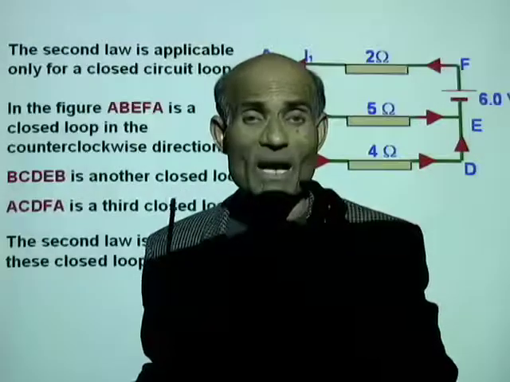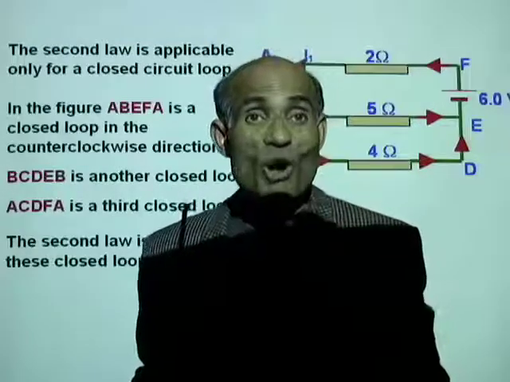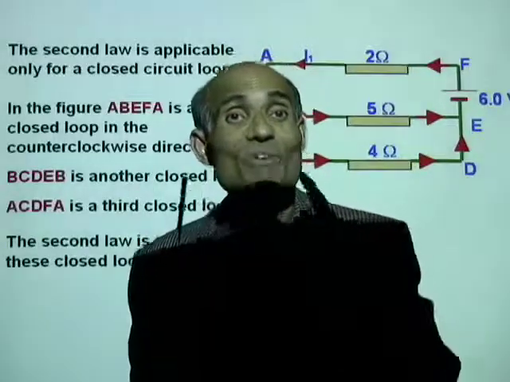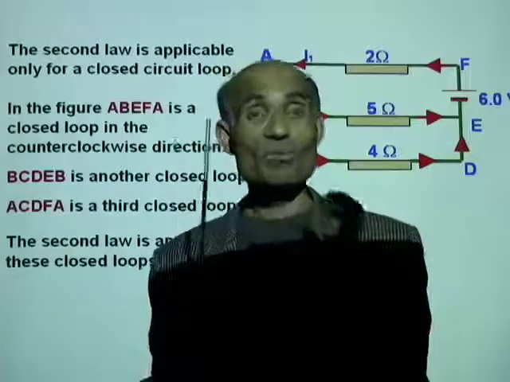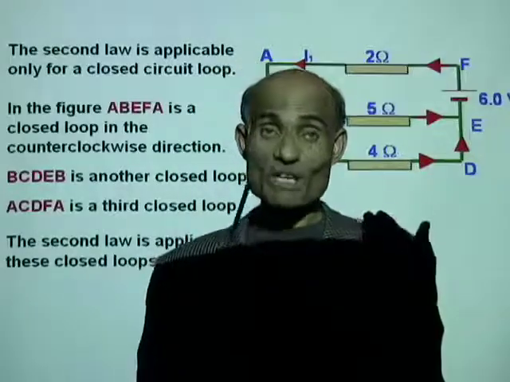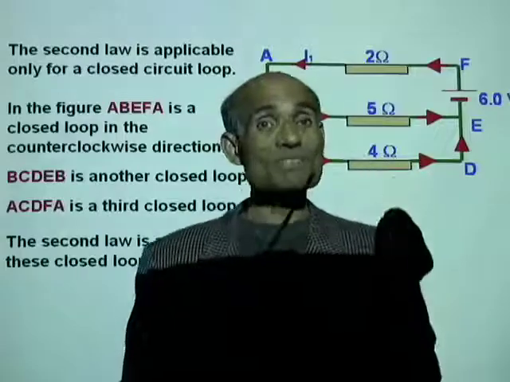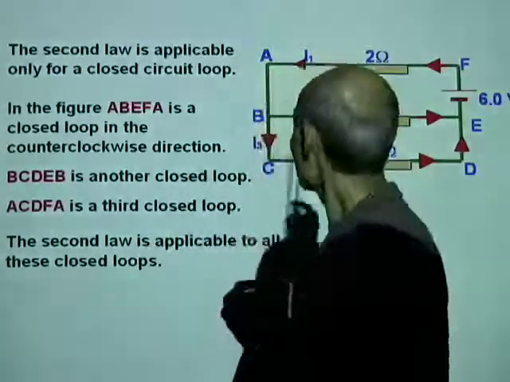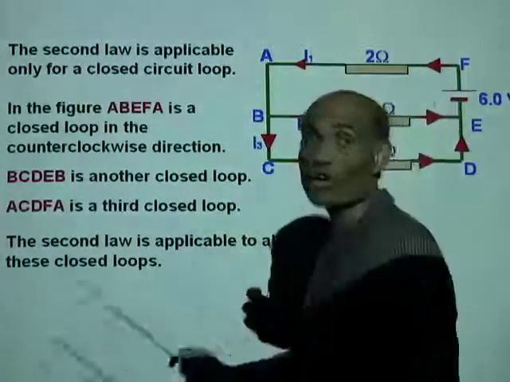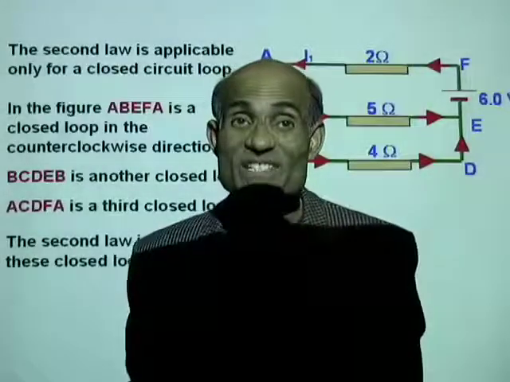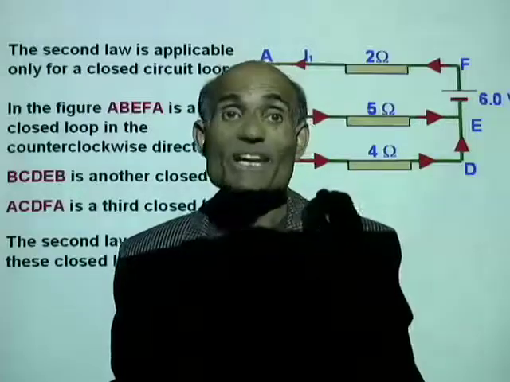What is the potential drop across a resistor? V equal to Ri. The potential drop across a resistor is the current multiplied by the resistance. What is the potential drop across a cell? The potential drop across a cell is its EMF.